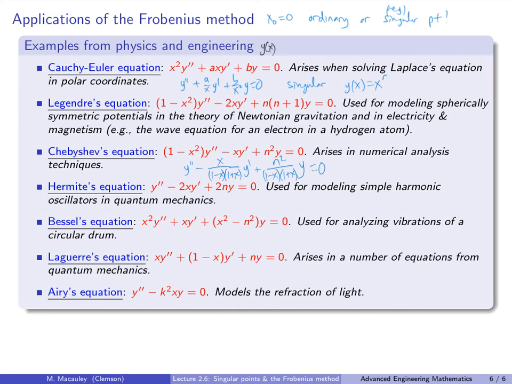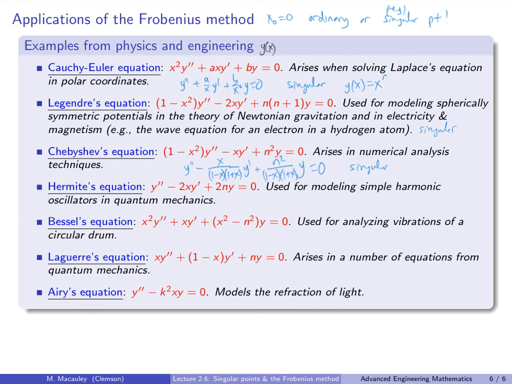So x equals 0, is this ordinary or singular? Well, if you plug 0 into here, it's defined, and so is that. So this is ordinary. And for the same reason, 0 is an ordinary point of Legendre's equation.